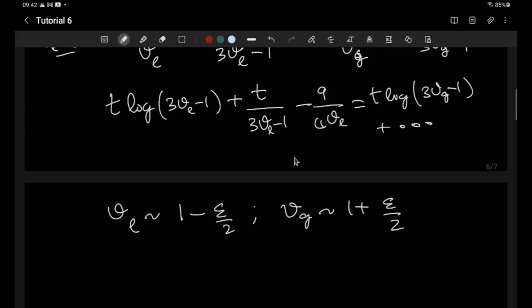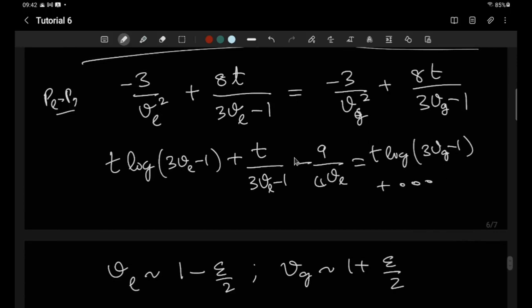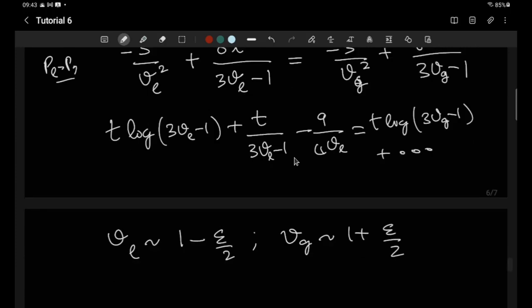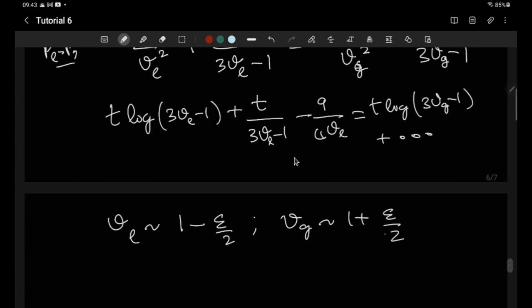So you plug it into these equations and work it out. We want to use these equations to solve for VL and VG, and we are looking very, very close to the critical value.